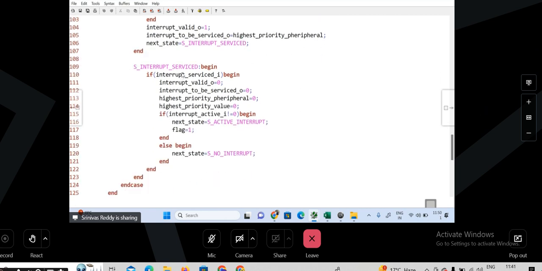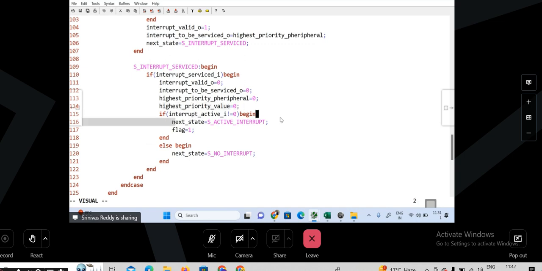And then interrupt peripheral, highest peripheral is nothing but what? 13. So next it is giving the priority to 12. Next it is 10, 8, 5, 2. Did you understand this? See, I have given this interrupt active.